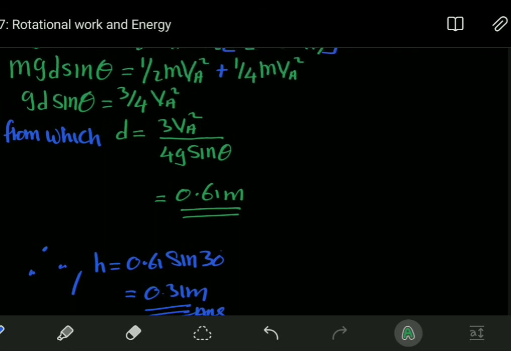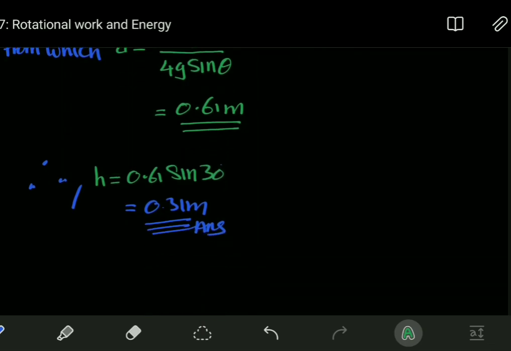Okay, therefore, since we know that h is d sine theta, with our theta being 30 degrees and our d being 0.61, therefore we find our height as h equals 0.61 sine 30. Therefore, the height is going to be 0.31 meters.